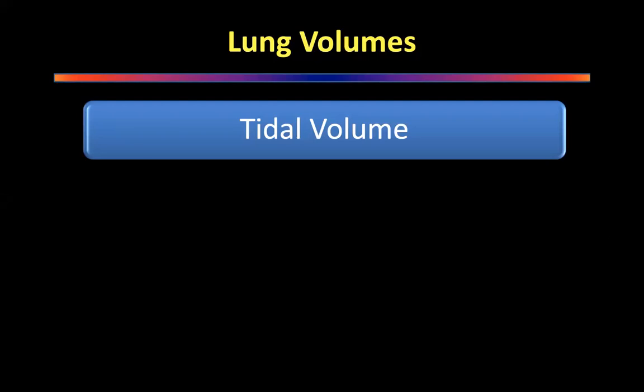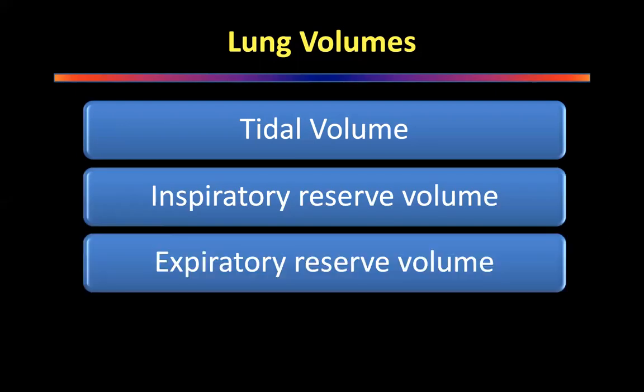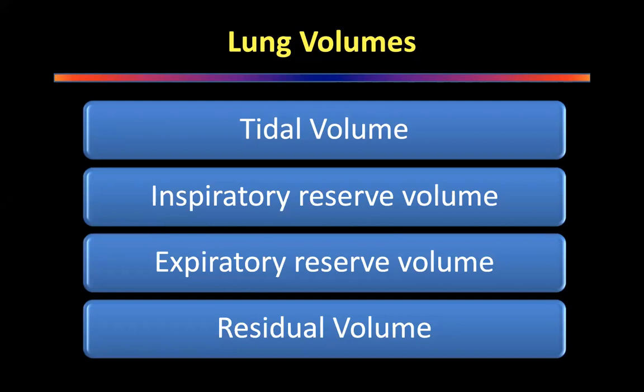So the next one we come to is volumes and capacities. Now, the key thing is 4 volumes and 4 capacities, okay? So write down this: tidal volume, inspiratory reserve volume, expiratory reserve volume, and residual volume.